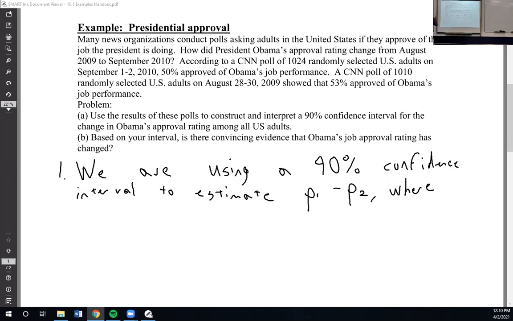So you may see me writing some shortened versions for the sake of time. P1 is the proportion. Oh, what are we looking at? We're looking at approval rating. So we will have P1 be, let's see, the two different dates were August 2009 and September 2010. And so it does 2010 first and 2009.